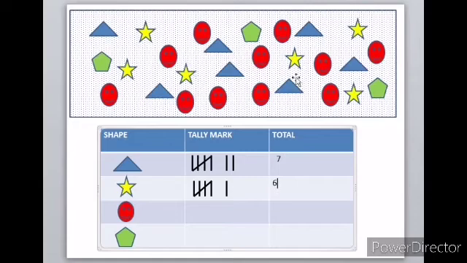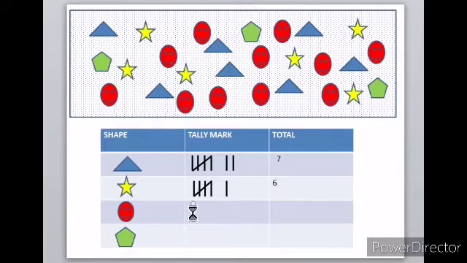Now see the smiley faces. How many do we have? Let's start. For 1 smiley face, we will put 1 tally mark. Yes, start putting first, second, third, like that. 5 I have put and finished 1 set.